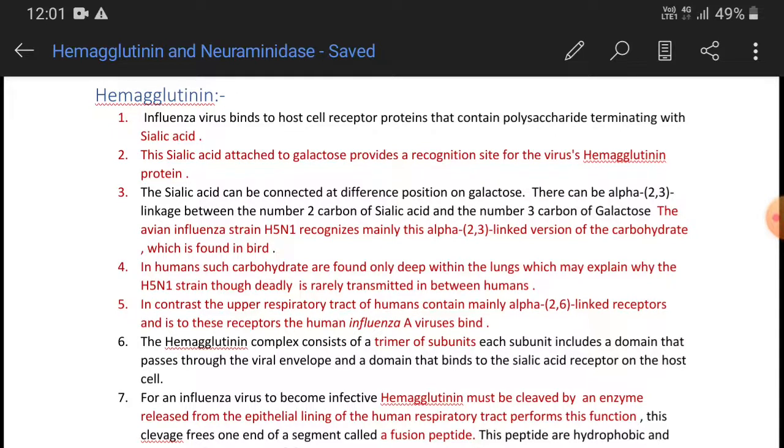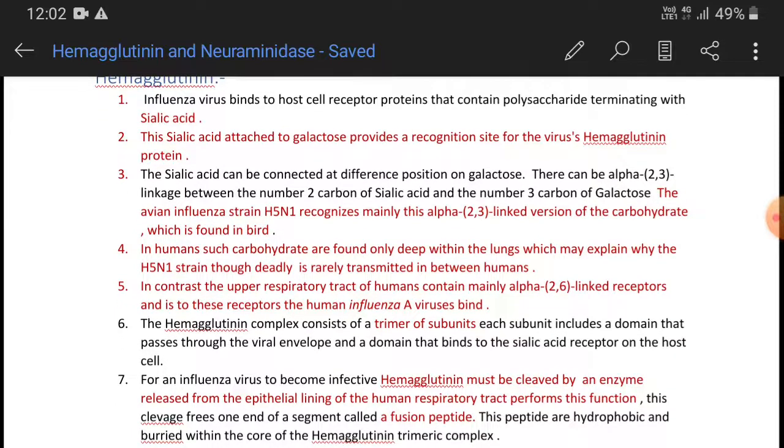As a result the virus is surrounded by vesicles, that is, endocytic vesicles, right? Then there will be fusion of the endocytic vesicles with lysosome. That lysosome contains digestive enzymes and an acidic interior. This digestive enzyme has the ability to digest what the host cell has taken in, right?